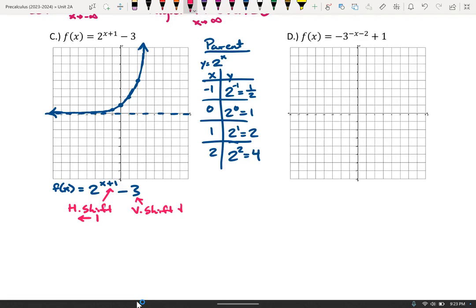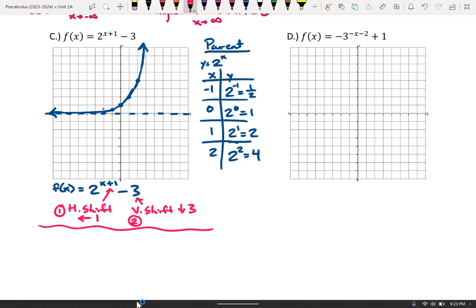And that one is going down 3 spaces. So left 1, down 3. So according to my order, this is the one I'm going to do first, and then this one will be second. So all my points I'm going to go ahead and take. I think I can go ahead and do both combined. When I just have 2 shifts, I can do both of them, kind of like slope. I can just do both of them combined. But if it helps you do them separate, you can do that as well.